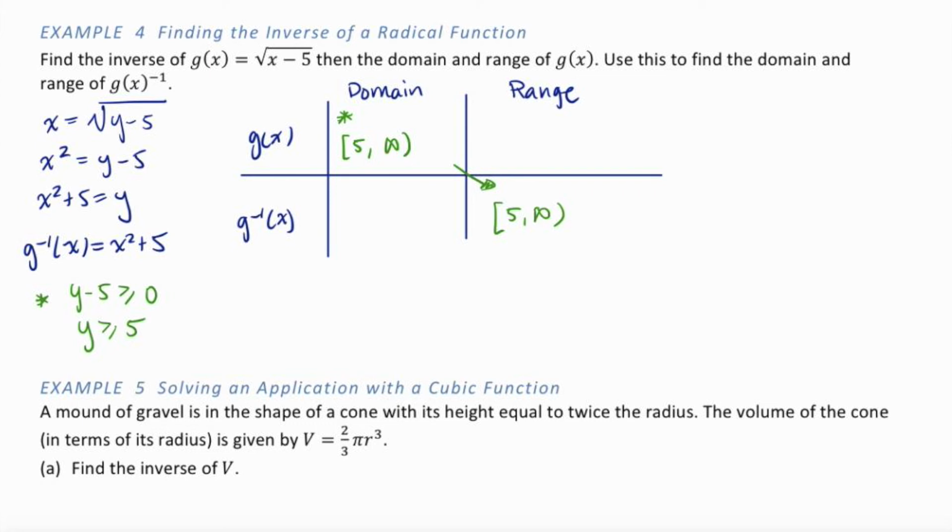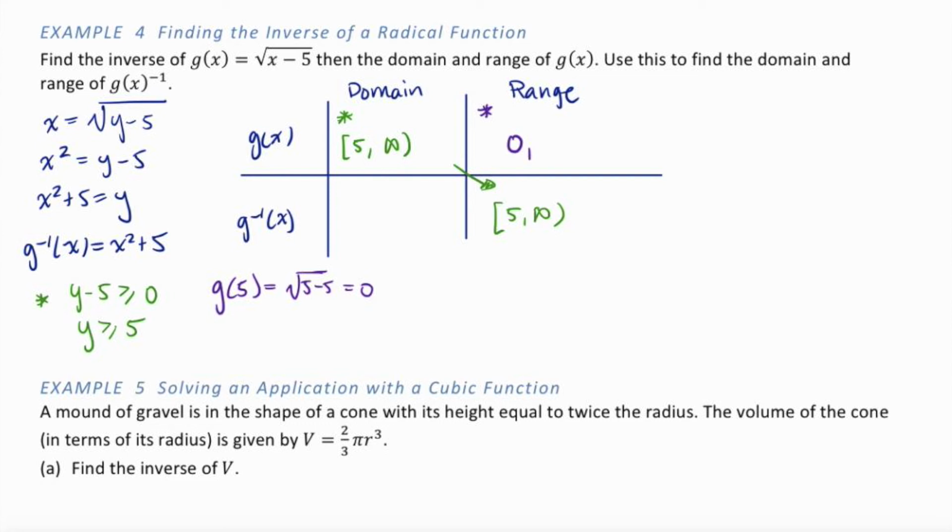Clearly, our smallest possible input is 5. And if you notice, if we evaluate g of 5, we end up with the square root of 5 minus 5 equals 0. So our range starts at 0.